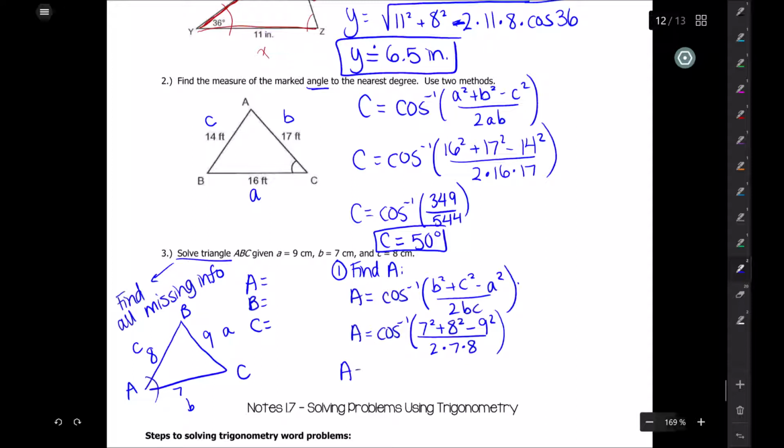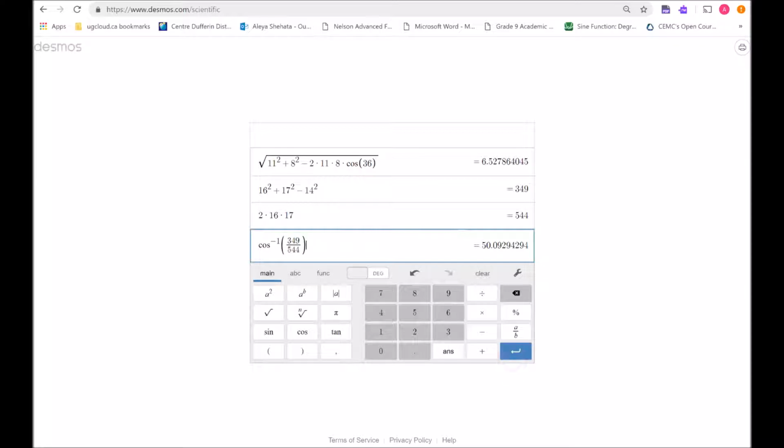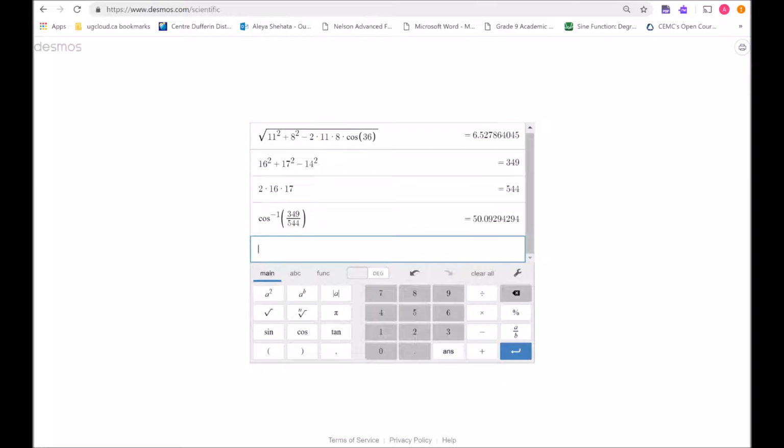So A is going to be equal to inverse cosine of, and I'm going to type this into my calculator. In my numerator, 7 squared plus 8 squared minus 9 squared, I end up getting 32.